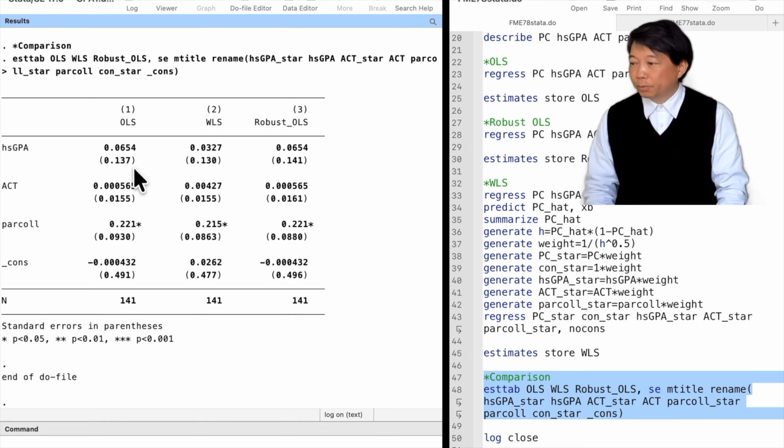The standard errors from WLS are slightly smaller than those from the usual OLS. The estimates and the statistics by the usual OLS, the robust OLS, and the WLS are very close. They lead to the same conclusion.